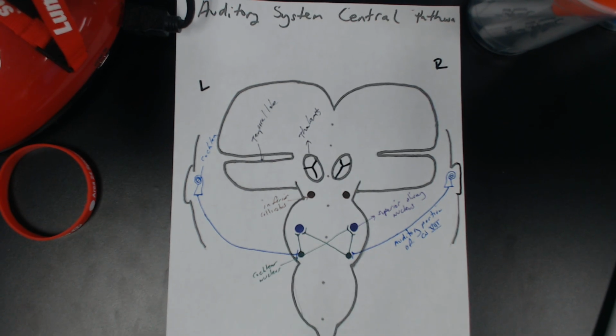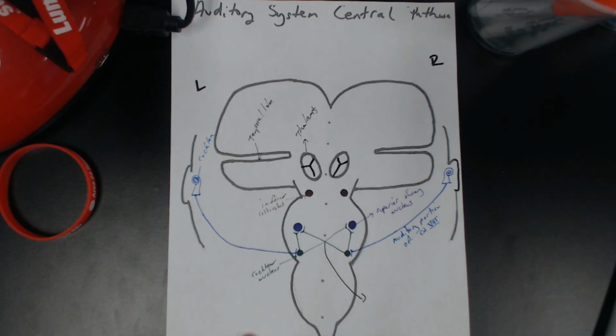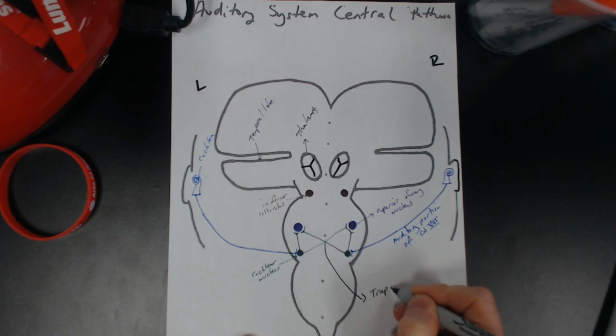And what we've seen before is every time something decussates or crosses over, we give it a name, and the name of this decussation is known as the trapezoid body.